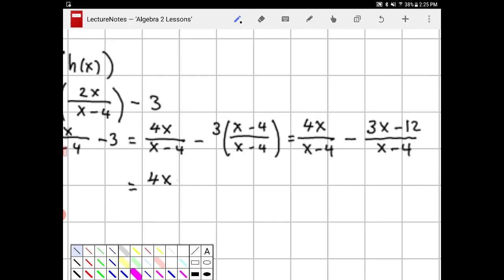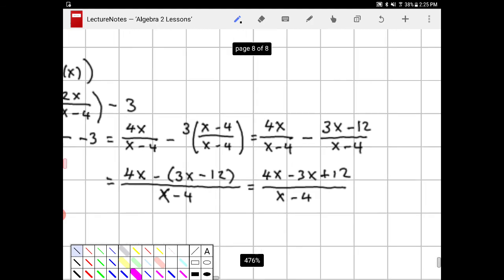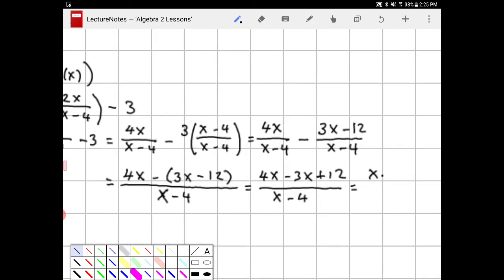So I get 4x minus (3x minus 12) all over x minus 4. Notice I place 3x minus 12 in parentheses because I am subtracting all of the numerator. Distribute the negative: 4x minus 3x plus 12 all over x minus 4. And finally, this just becomes x plus 12 all over x minus 4.